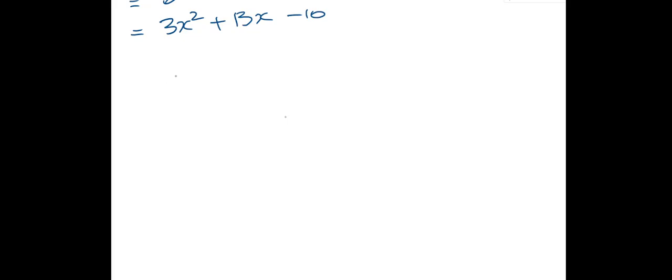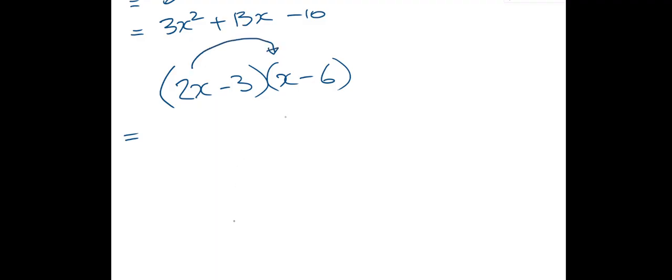Okay, let's try this one. Two x minus 3, x minus 6. Nothing should scare you. Let's do our FOIL method. First, 2x times x is 2x squared, minus 3 times x is minus 3x.